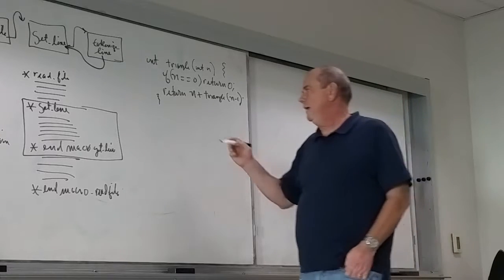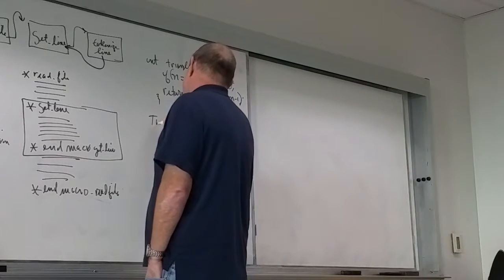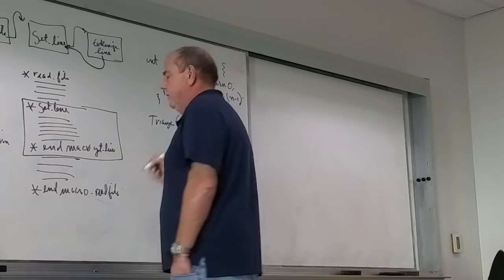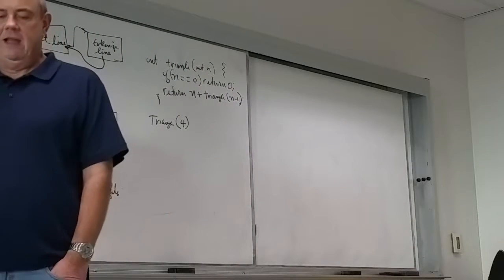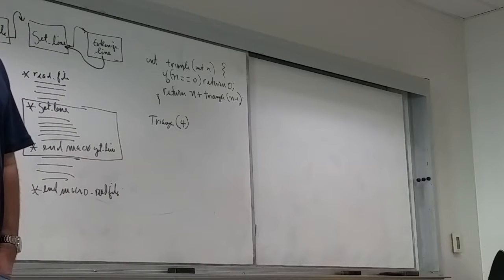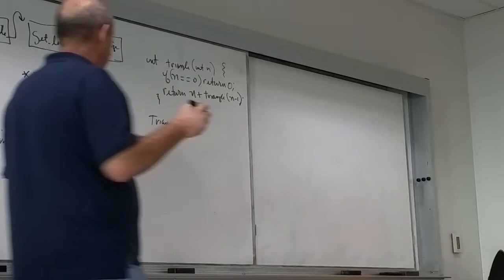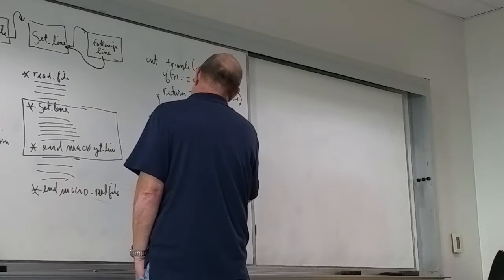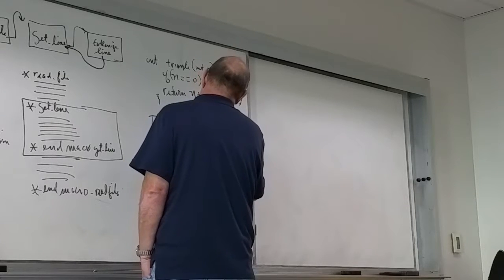So if I call triangle of 4, we don't need a great big one. What happens? Is it 0? No, okay. It's 4, so this is 4 plus triangle of 3.